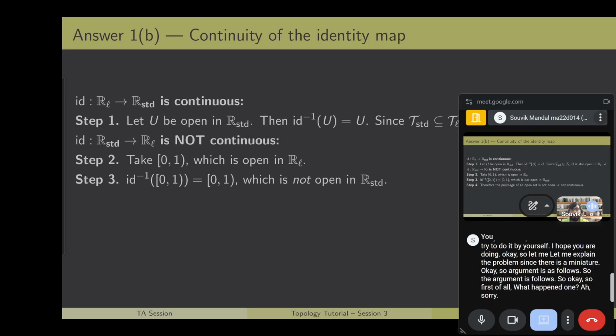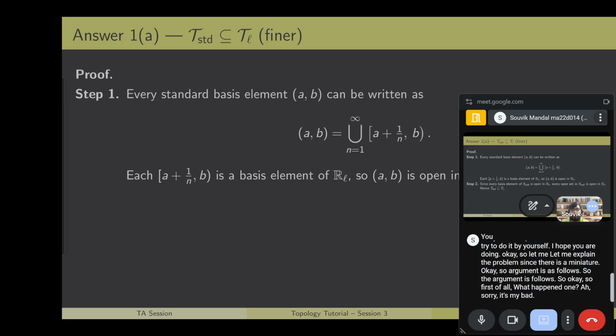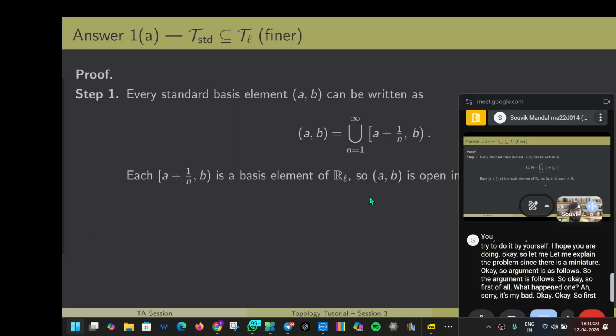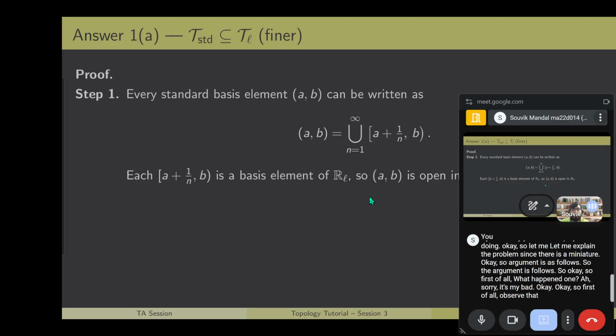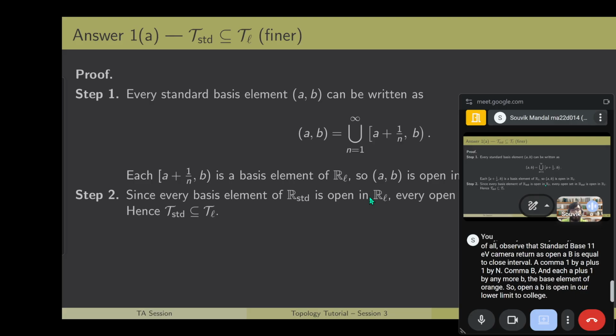First of all, observe that a standard base element (a,b) can be written as the union over n of the intervals [a + 1/n, b), and each [a + 1/n, b) is a base element of R lower limit. So (a,b) is open in R with the lower limit topology. That means any standard base element lies in the lower limit topology, so an arbitrary union of those base elements is an element of the lower limit topology.